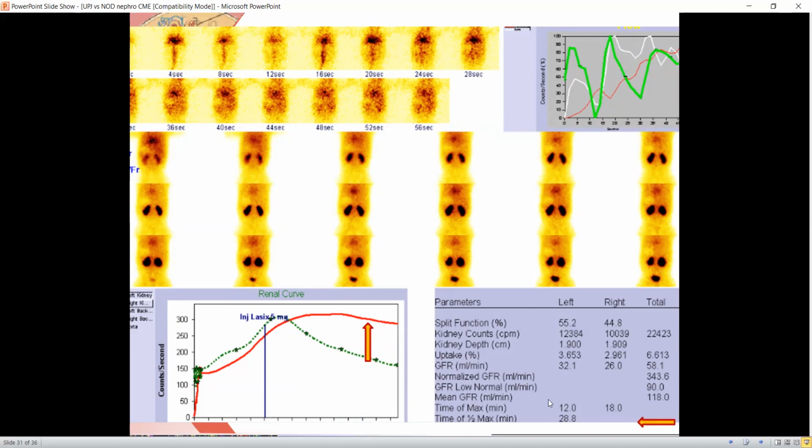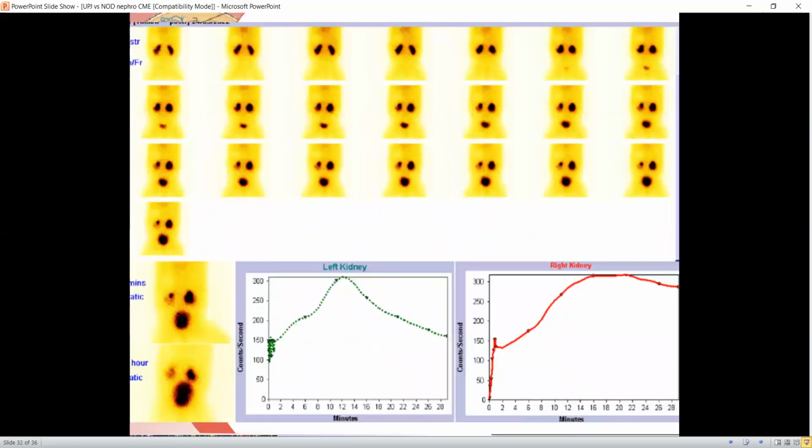On the other hand, the T-half is definitely more than 20, but even on the left side, it is more than 20. So for anything more than 20, you can't really say that it is obstructed. Here is another film of the same patient, showing individual images, the 1 minute frames.